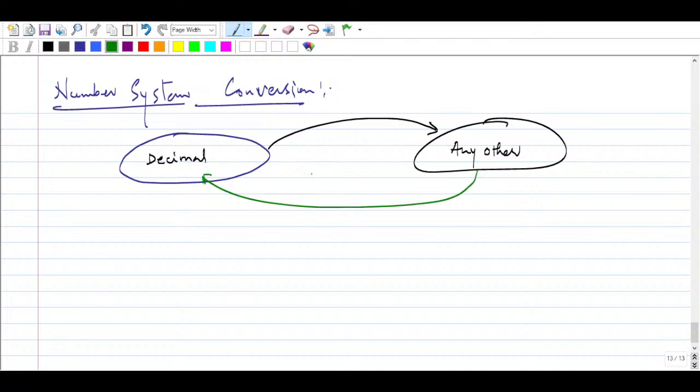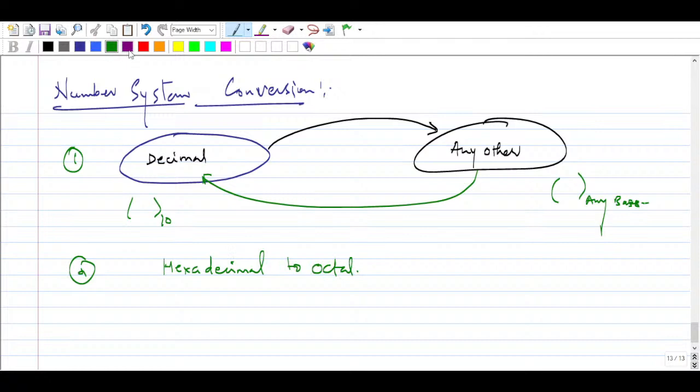So this is one of the journeys we have to make: from decimal to any base, or any base to decimal. And the second one we have to see is from hexadecimal to octal.